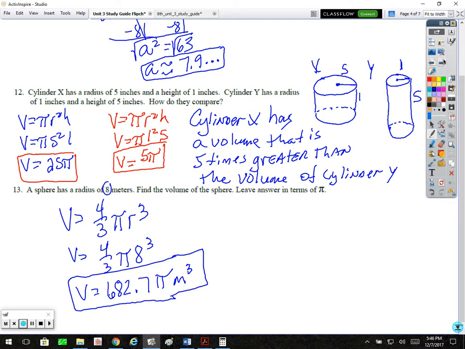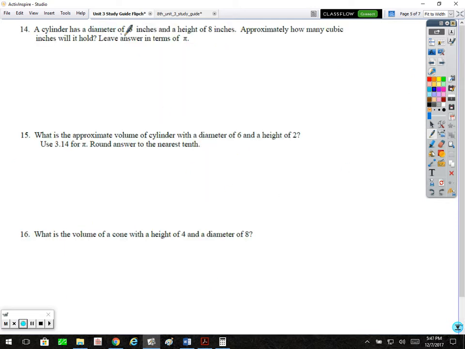Okay, number 14. A cylinder has a diameter of 6 and a height of 8. How many cubic inches will it hold? Leave your answer in terms of pi. Well, remember, diameter is 8. That means the radius is 1/2 of the diameter, which is 4. So my height is 8. Let's just plug it in. For a cylinder, volume is pi r squared times height.